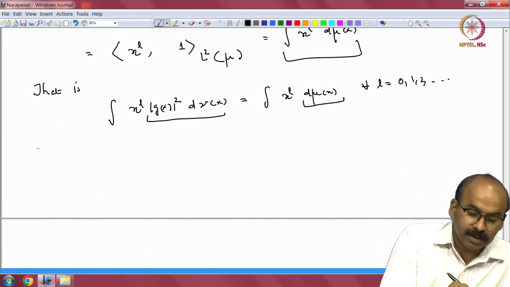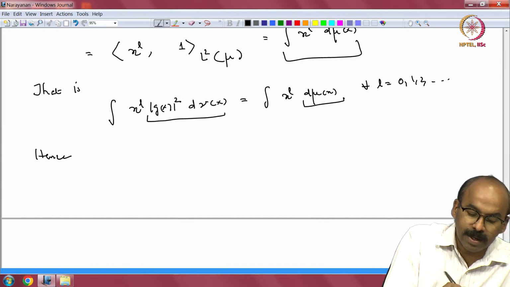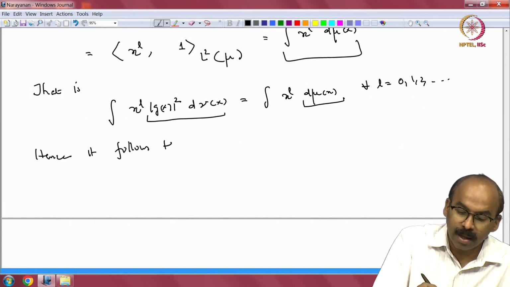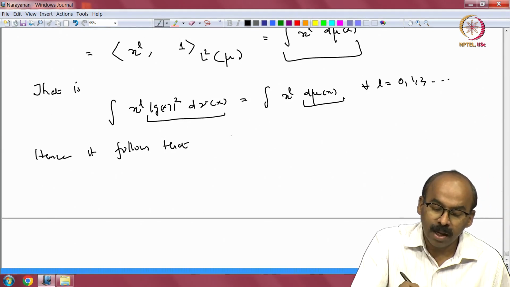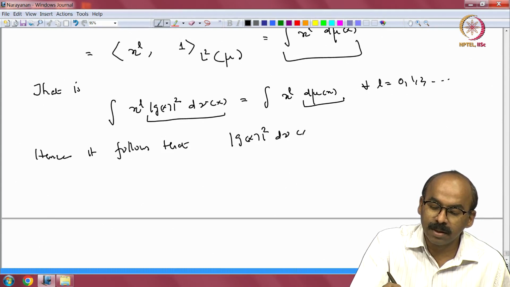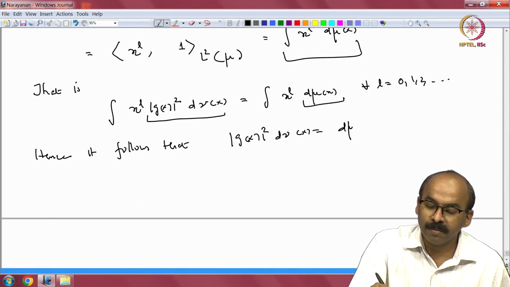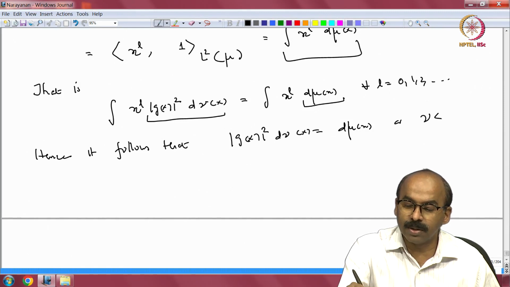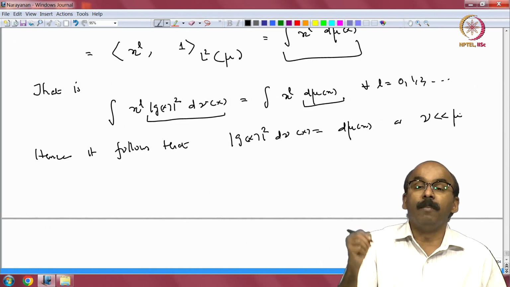So this is something which you can complete. Hence it follows that mod g of x squared d nu x equals d mu x, or in other words this simply says that nu is absolutely continuous with respect to mu.